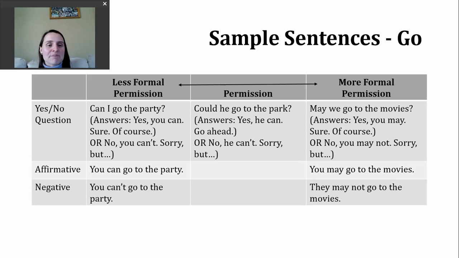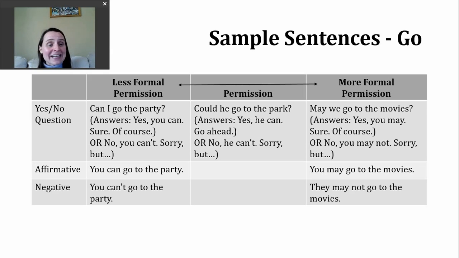So many times with permission, these questions might be used from children to parents, from students to teachers, from employees to bosses. Right? So this might be an example of a child to a parent type of question. And you do not have to give long answers to these yes or no questions.